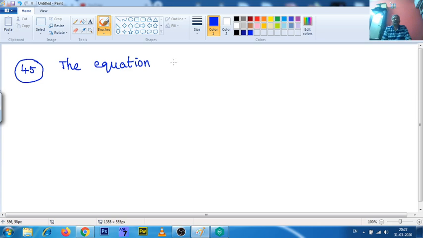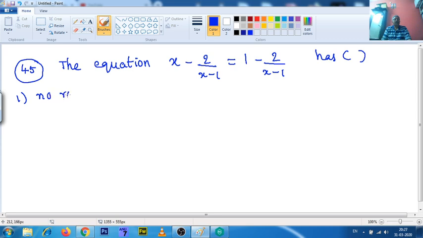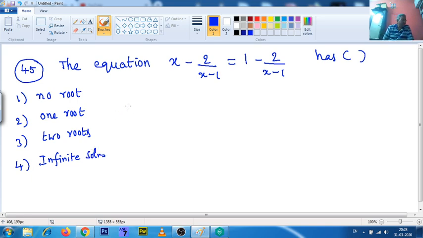The equation x minus 2 by x minus 1 equals 1 minus 2 by x minus 1 has: first option, no root, it does not have any root; second, one root; third one is two roots, it may have two roots; fourth option is infinite solutions. Okay.